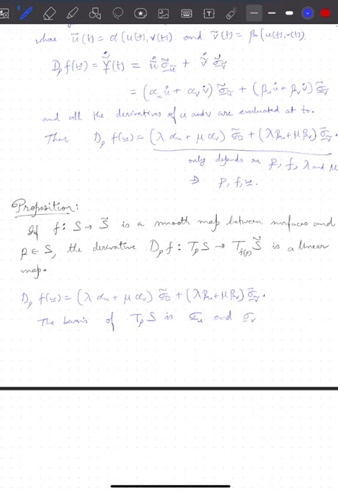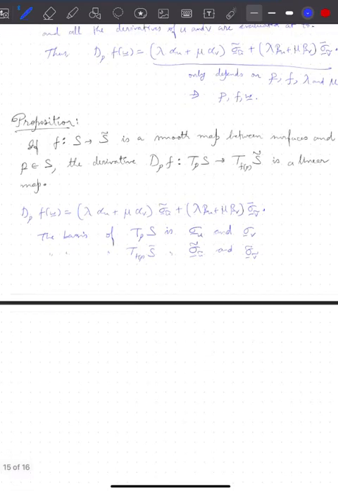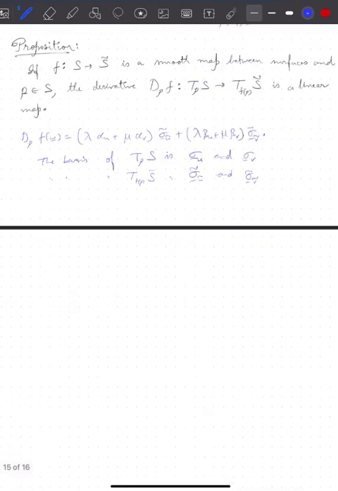Likewise, the basis of T_f(p) S tilde is sigma tilde u tilde and sigma tilde v tilde.